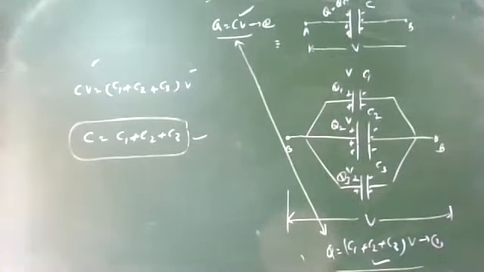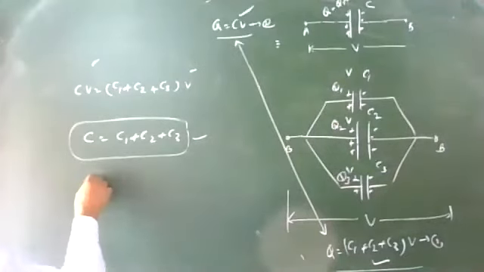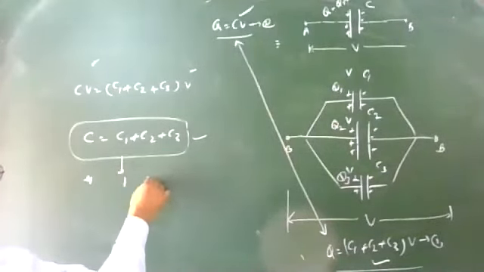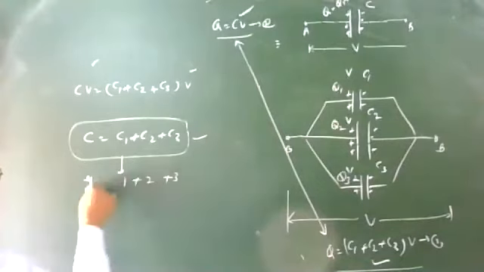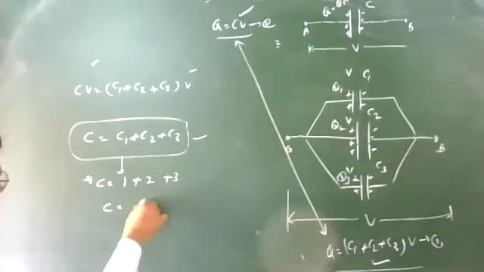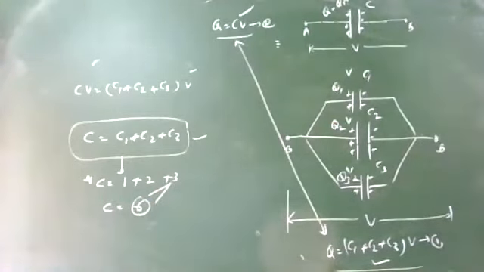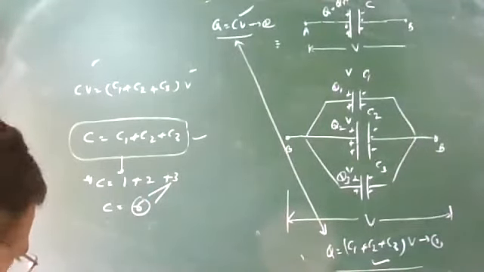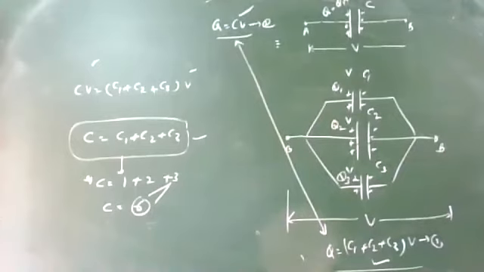So you can see that simply adding, suppose for example C1 is 1, C2 is 2, and C3 is 3, the equivalent capacitance is 6. 6 is even greater than the greatest individual capacitance, which is 3. So the parallel connection is used to increase the capacitance of a combination.